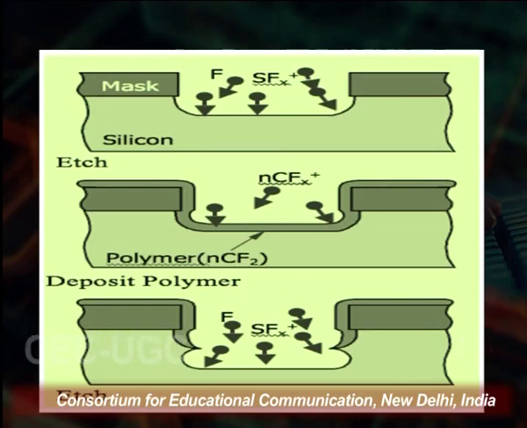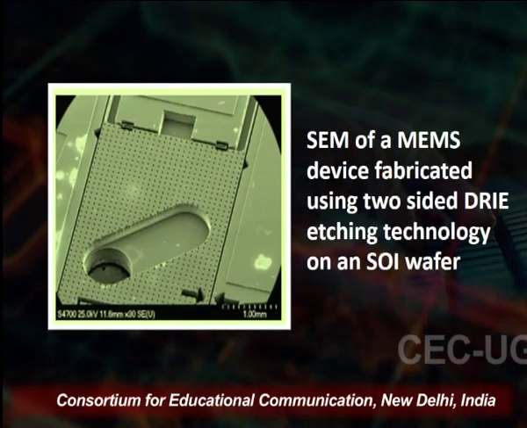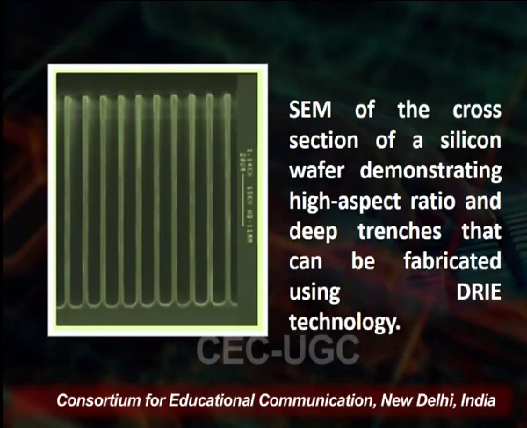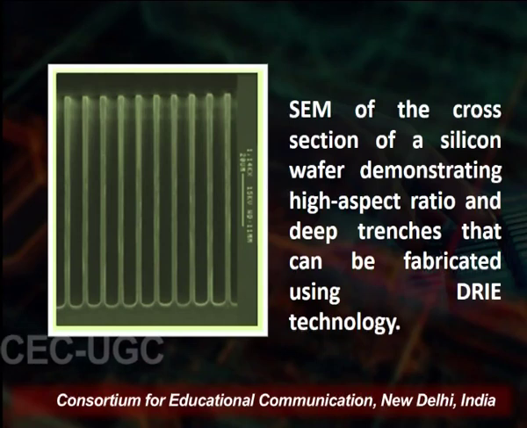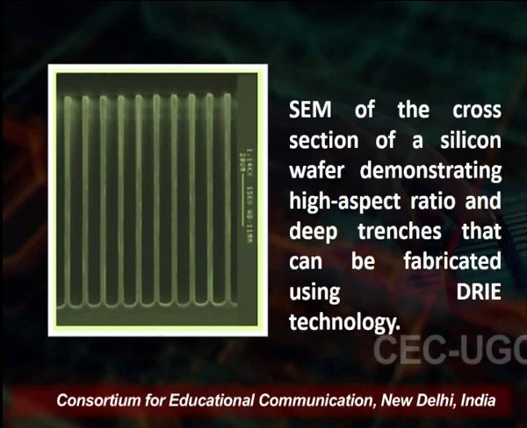So, this is how the etching process is done. Now, the SEM of MEMS devices fabricated using two-side DRIE technology on an SOI wafer. This is the SEM of the cross section of the silicon wafer, demonstrating the high aspect ratio and the deep penetration that can be fabricated using the DRIE method.